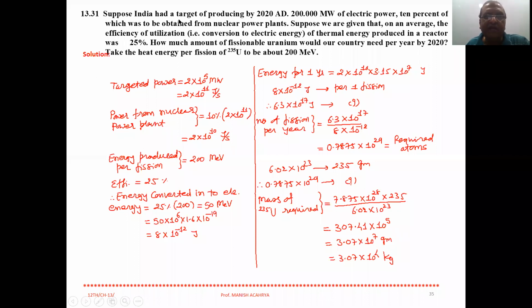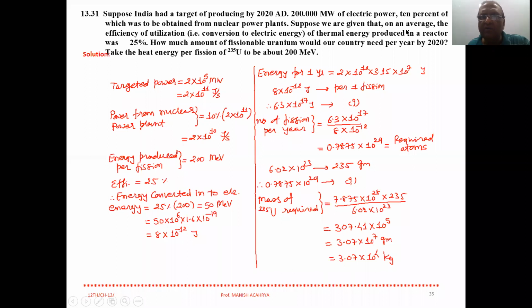Suppose India had a target of producing, by 2020, 2 lakh megawatt of electric power, 10% of which was to be obtained from nuclear power plants.